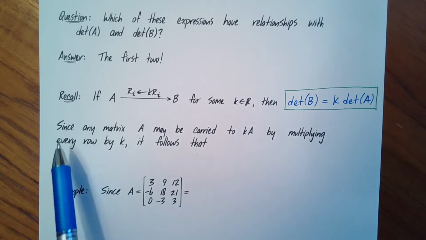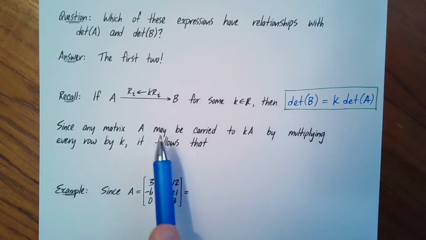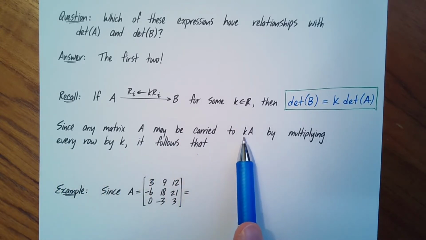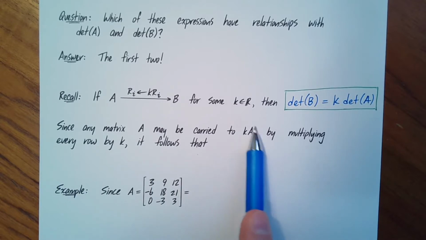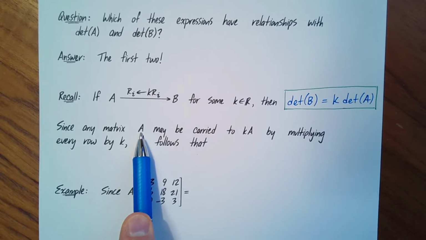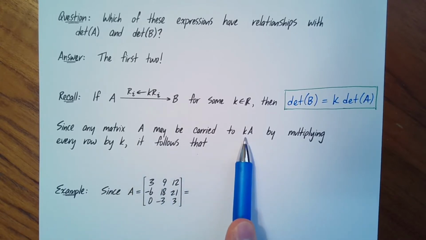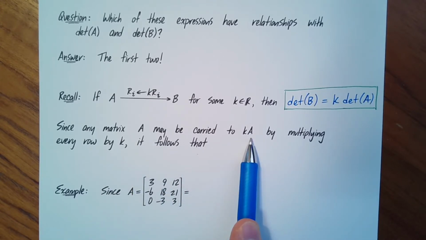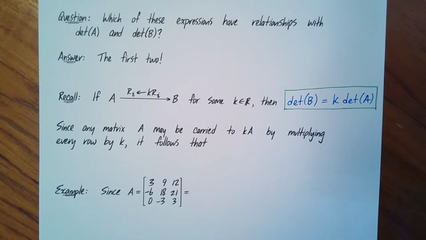So let's read this carefully. Since any matrix A may be carried to k times A, so here you've got another matrix, k times A. Think about it this way. How can you turn a matrix A into the scalar product k times A by just using row operations? Well, what happens if you multiply a matrix by a scalar? It has the effect of multiplying every entry of the matrix A by the scalar k.